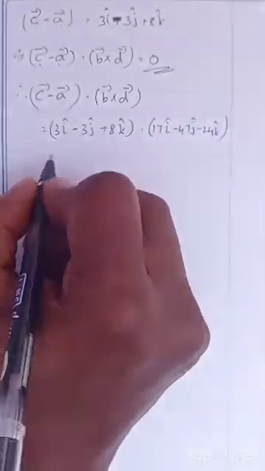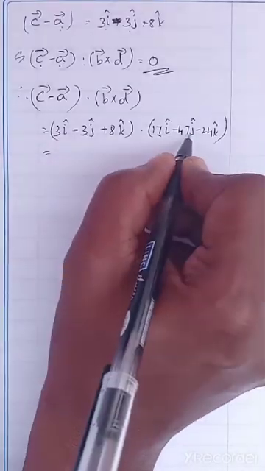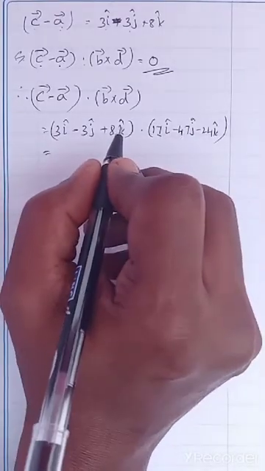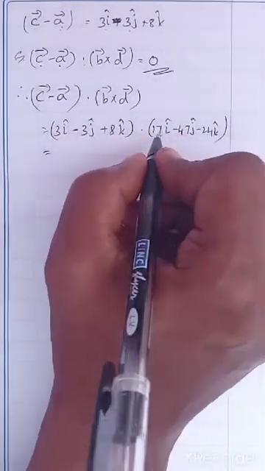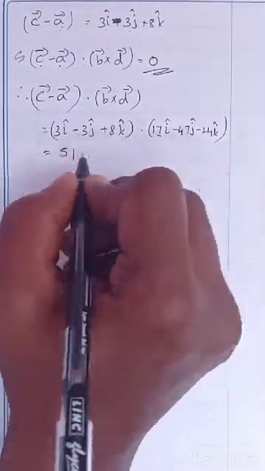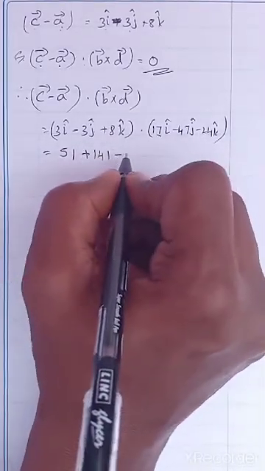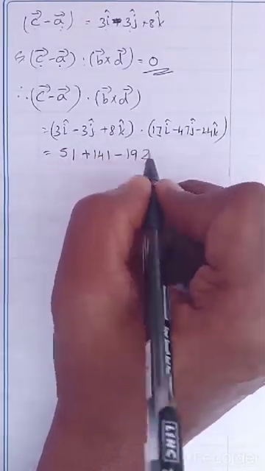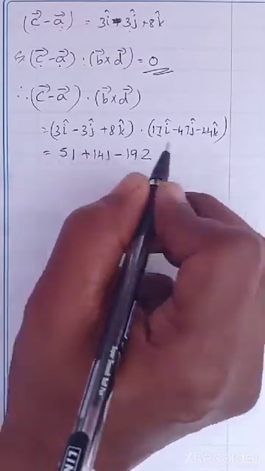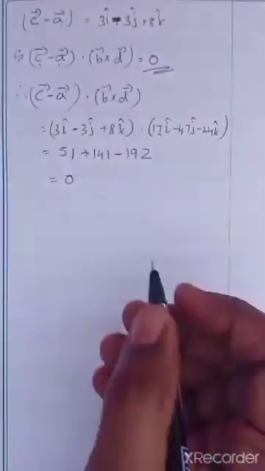Multiplying: 17 into 3 is 51, minus 3 into minus 47 is plus 141, and 8 into minus 24 is minus 192. Adding, 192 minus 192 equals 0.